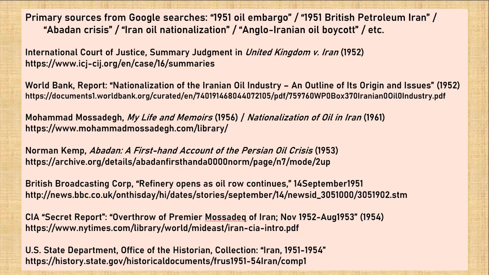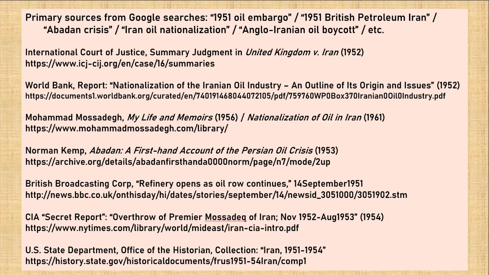You see that I have the International Court of Justice's judgment in the case of United Kingdom versus Iran. Now, I was just quickly able to survey that for the purposes of doing my abstract and annotated bibliography, and I'll decide later, once I've reviewed all the evidence, which of these pieces I want to use to write my paper on. There's a World Bank report on the nationalization of the Iranian oil industry.